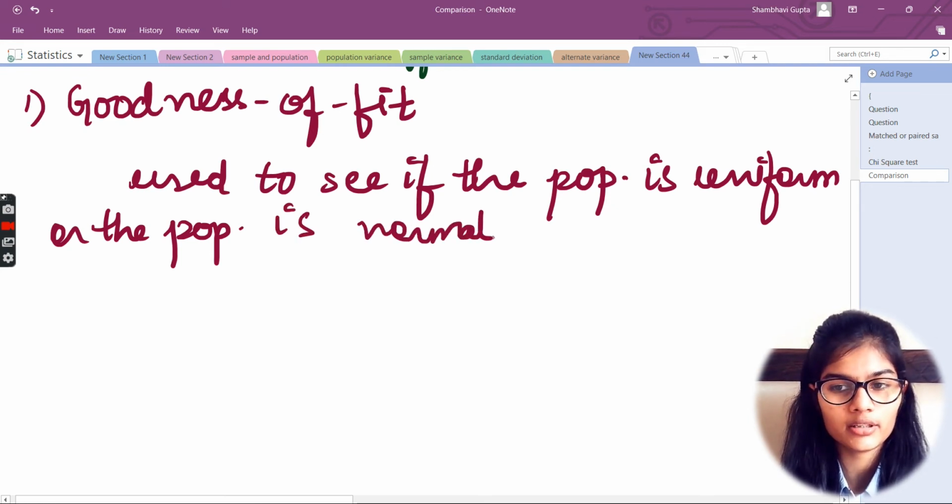This is the main thing where it is used, that it is basically used to see if a population is uniform or the population is normal. Hope I'm very clear with this.